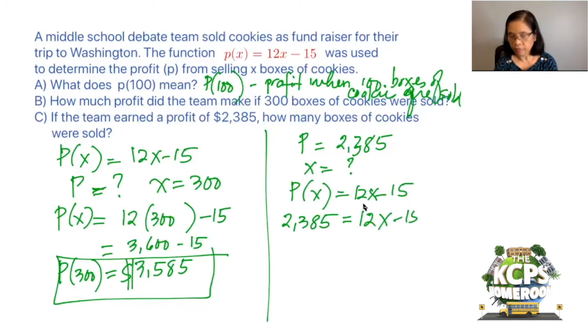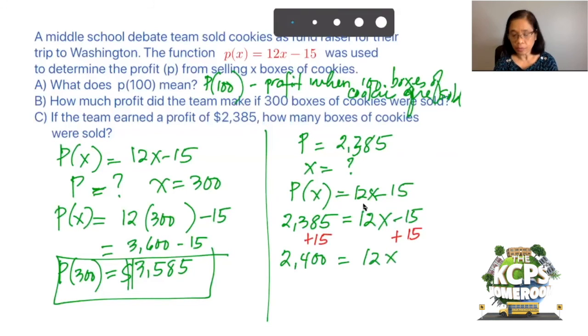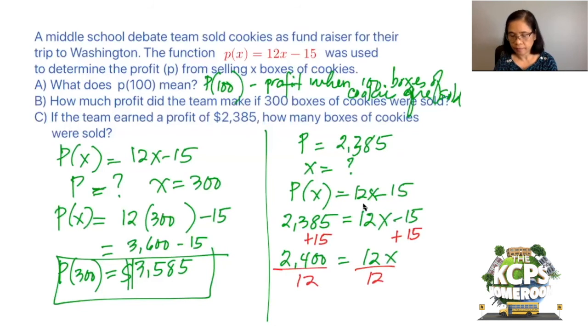Then minus 15. Solving for this equation, we eliminate minus 15 by adding 15 on both sides. And this will give us 12x equals 2,400. Please double check my computation. By inverse operations, we divide both sides by 12.